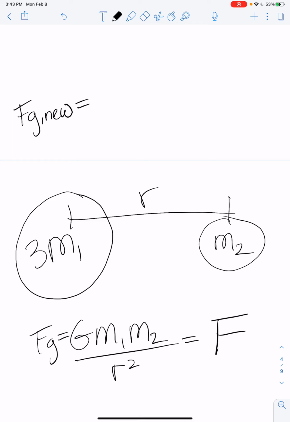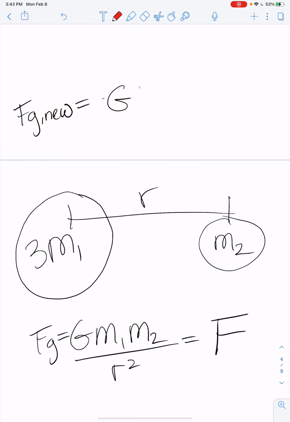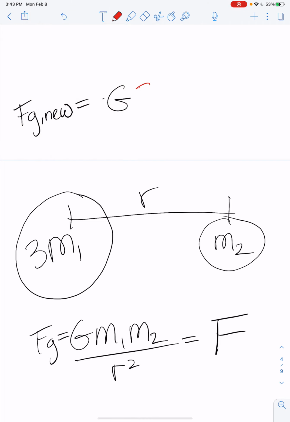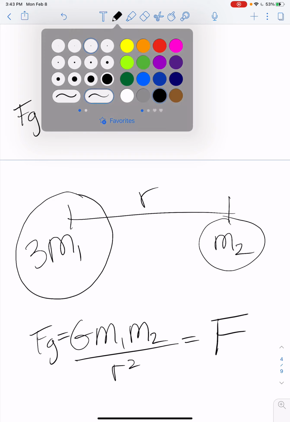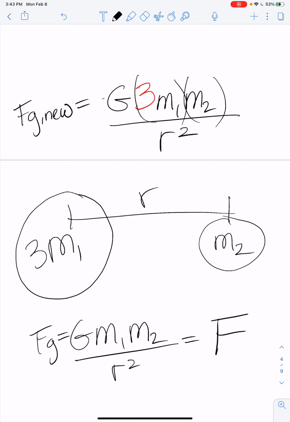It's equal to G times 3 M1 times M2 over R squared. I'm going to write everything that's different in red. This is my 3 M1.